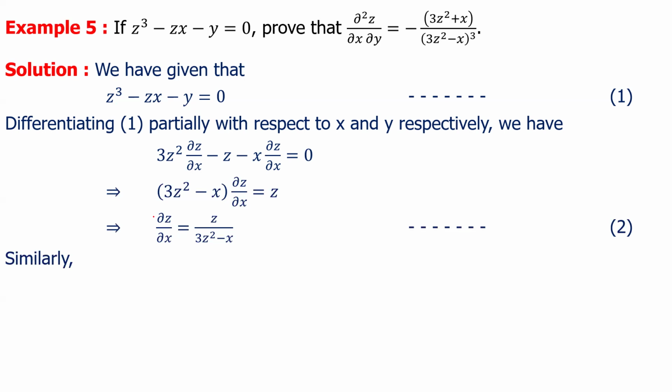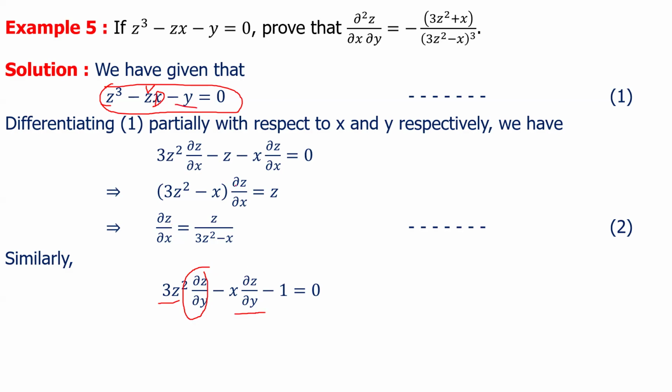Similarly, let us differentiate partially with respect to y. So the derivative of z cube is 3z square del z del y, minus x. What is the derivative of z with respect to y? Del z del y, and the derivative of y with respect to y is 1.